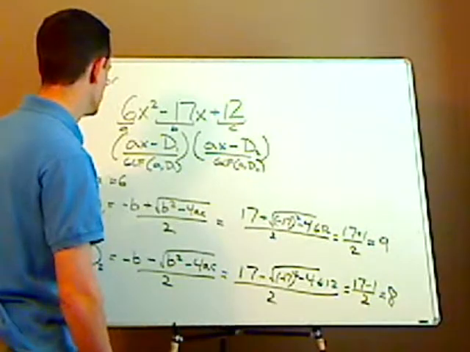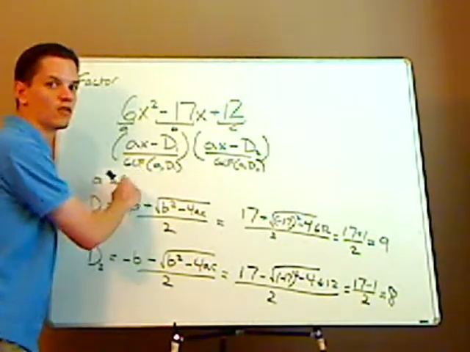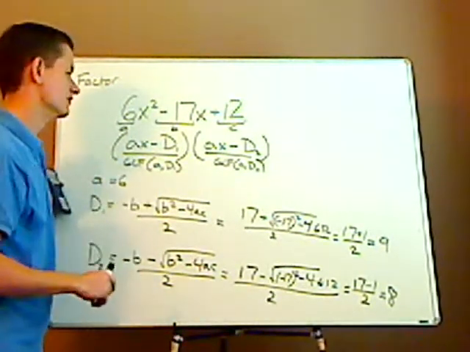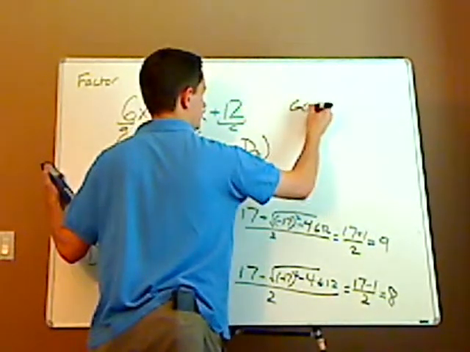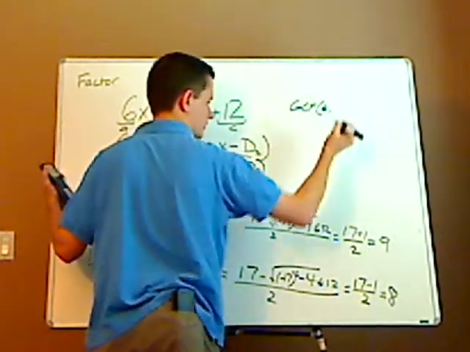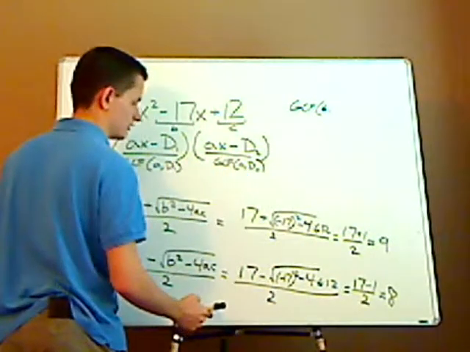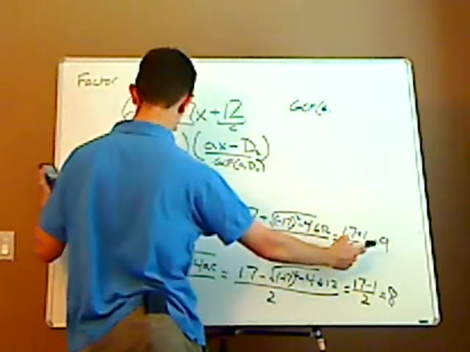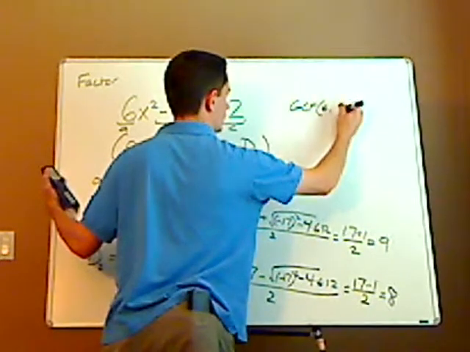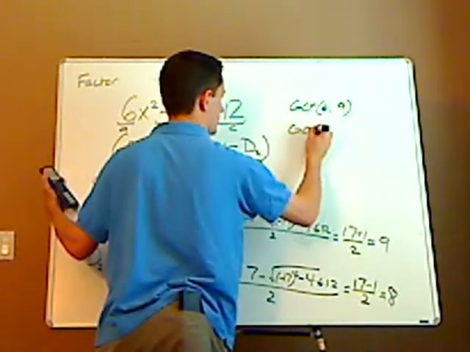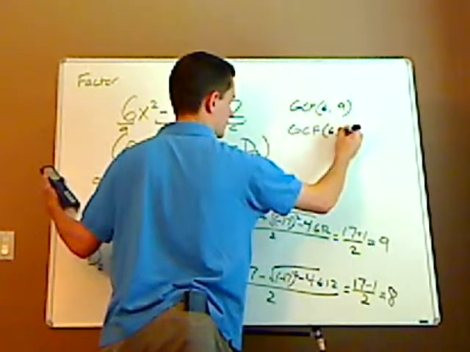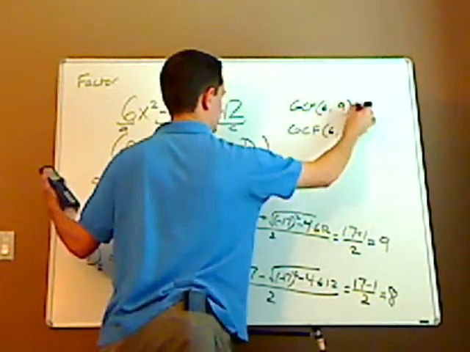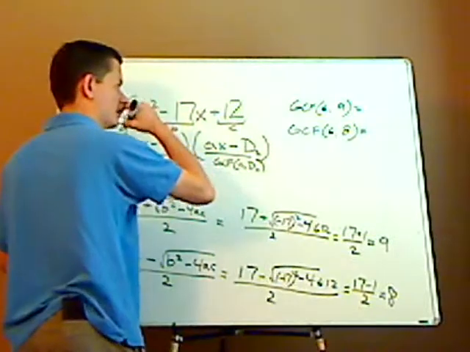Alright, so then you take the GCF of each of those, sometimes called the greatest common divisor. So that's the GCF of 6 and, let's see, D1 is 9. GCF of 6 and 8. Well, for those two, it's going to be 3.